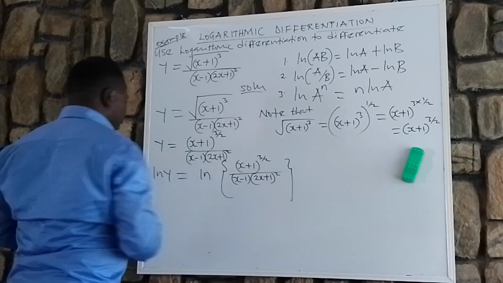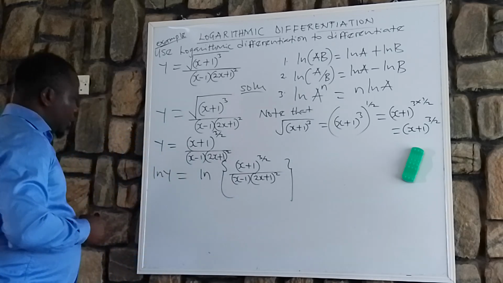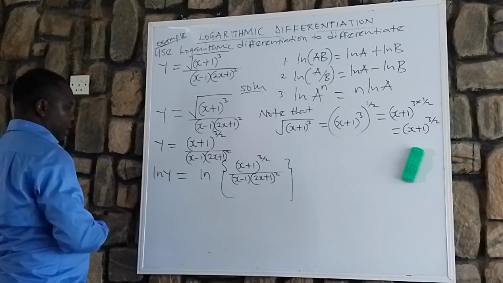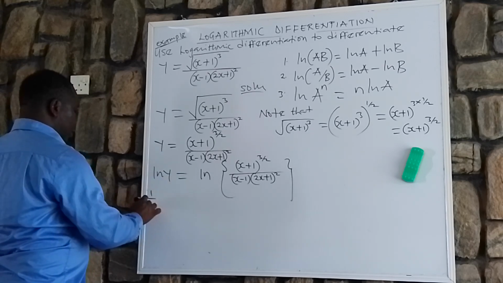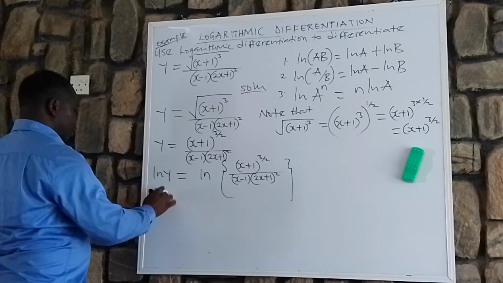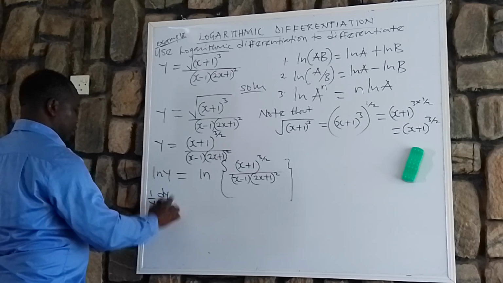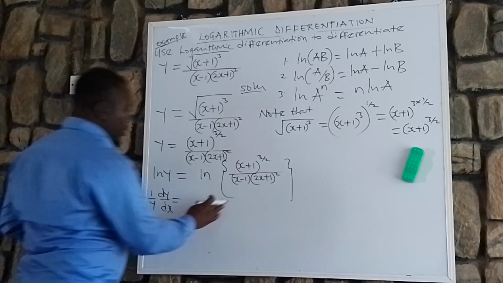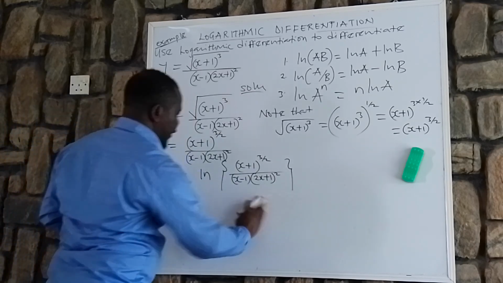So you agree with me? So if we differentiate ln y, we are going to have 1 over y dy over dx, because we are differentiating with respect to x, of course. So that is that.